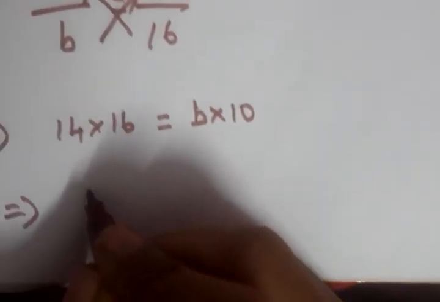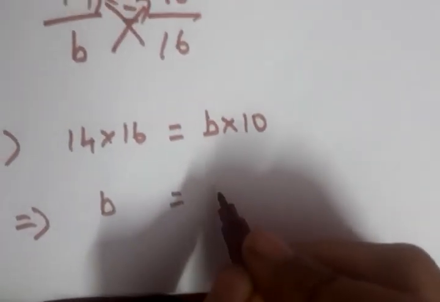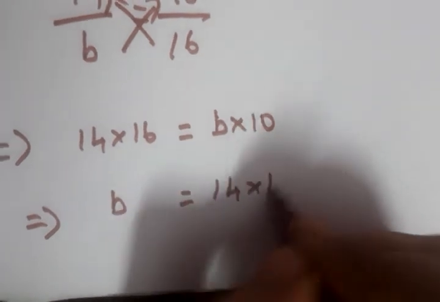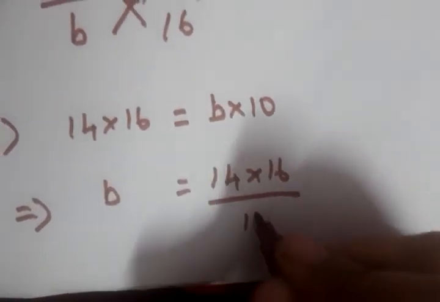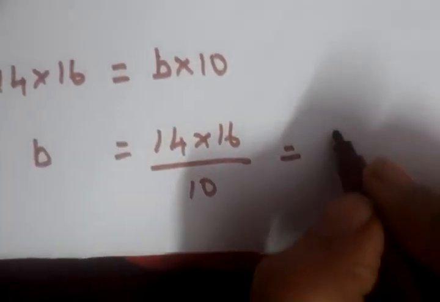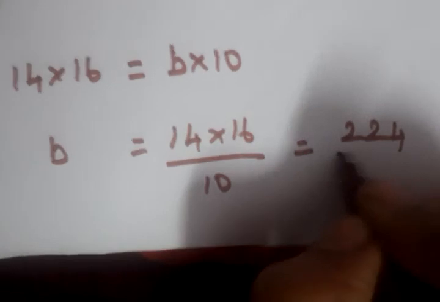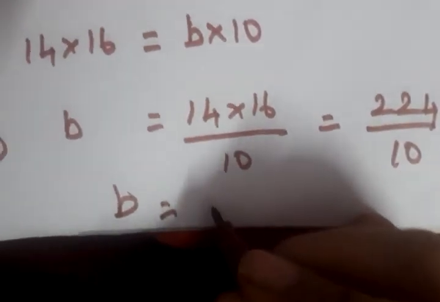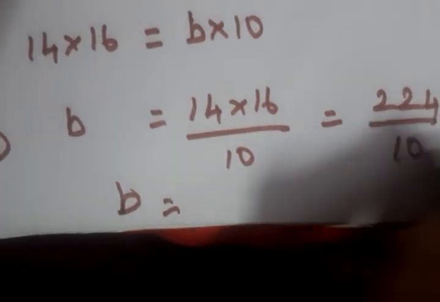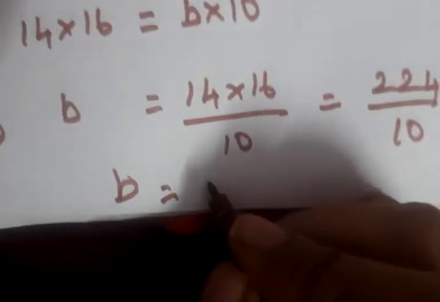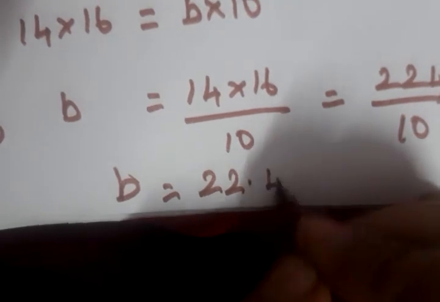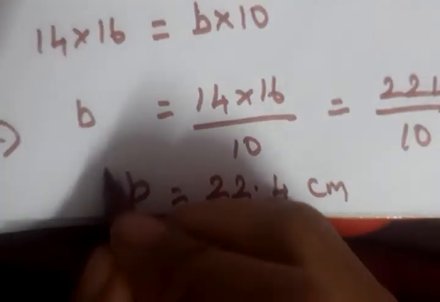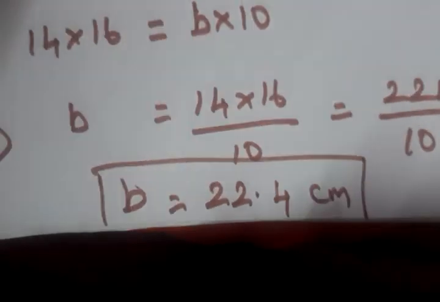Then B equal to 14 into 16 divided by 10. 14 sixteens are 224, divided by 10. Then B value equal to, from the right hand side, the decimal point, 22.4 centimeter. B is equal to 22.4 centimeter.